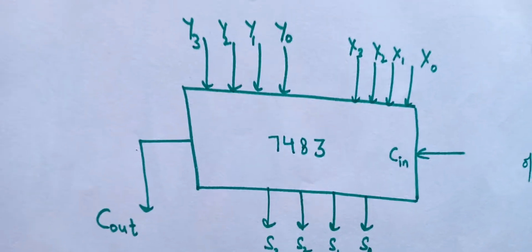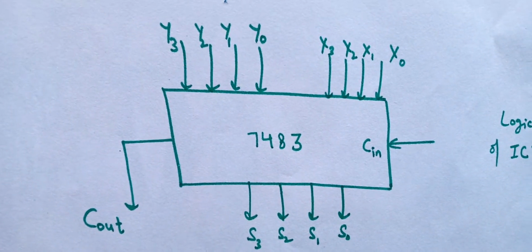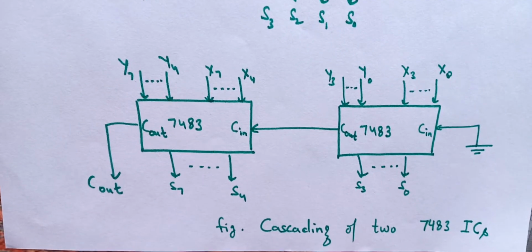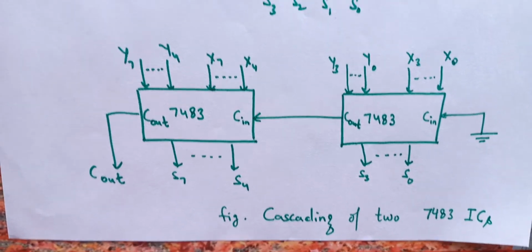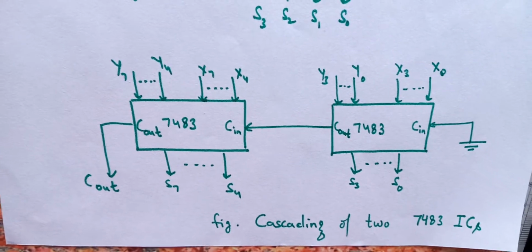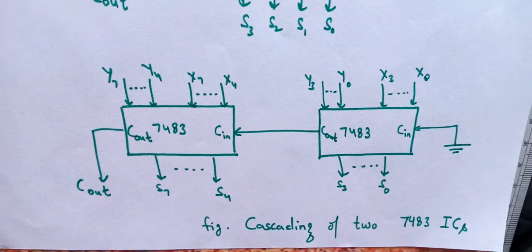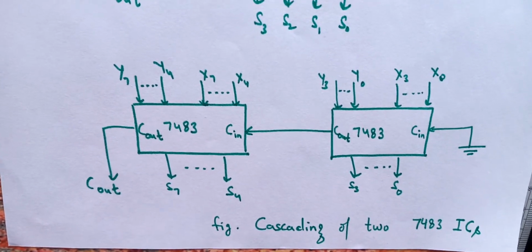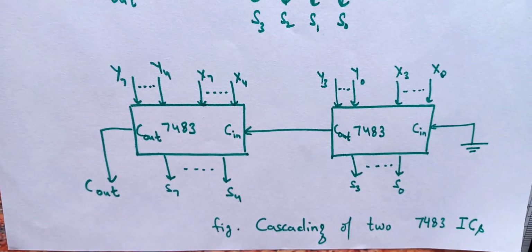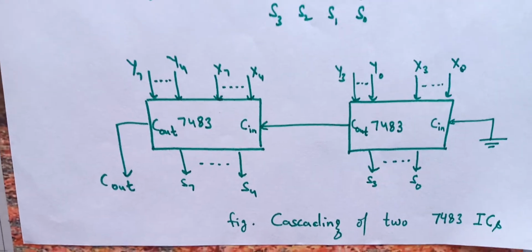This 7483 IC is a 4-bit binary parallel adder, but we can add 8 bits, 12 bits, 16 bits and so on by cascading these ICs. If we cascade two 7483 ICs like this, an 8-bit number can be added. Similarly, 4 7483 ICs can be cascaded to provide 16-bit number addition, and so on.